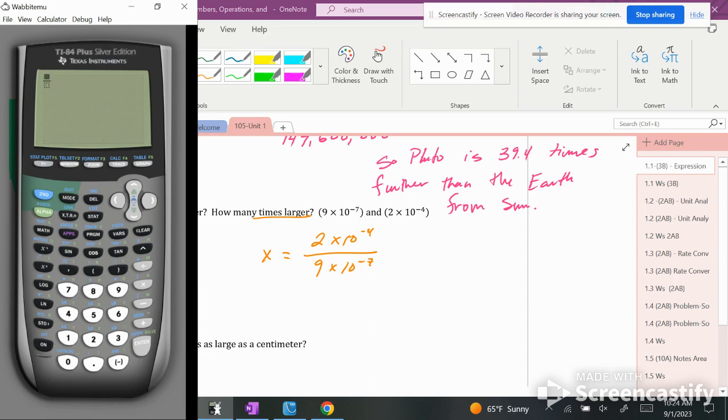You've got a top and bottom. Now I'm just going to type it in how I see it: 2 times 10 to the -4. Do make sure the negative button is the right one. This calculator has a negative and a minus.